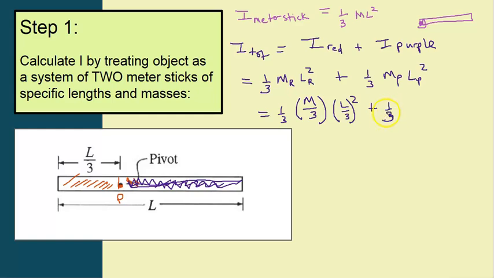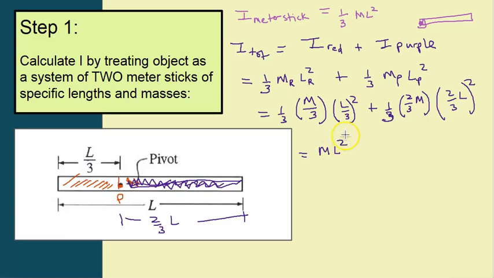And then, oops, that's a bad 3. If this is L over 3, this is 2/3 L. So I have 2/3 of the mass on the right side, and the length is also 2/3. Okay, so this is going to reduce to ML squared over 9 times 9, or 81, plus an ML squared.